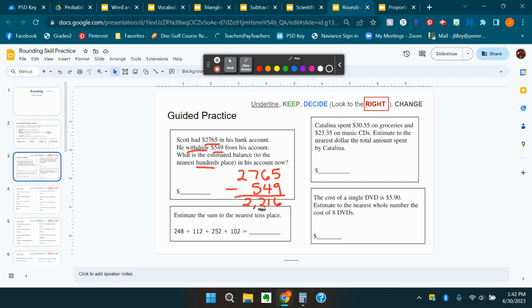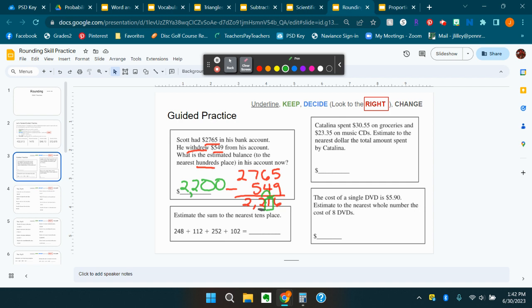We're going to keep the 2 that comes before that in our answer. And then we're going to decide what to do with it. So we're going to look next door at the boss. The next number is a 1. That's 5 or 4 or below, let it go. So that means we're going to leave our 2 a 2. And then we're going to write 2 zeros after that. You should get 2,200.